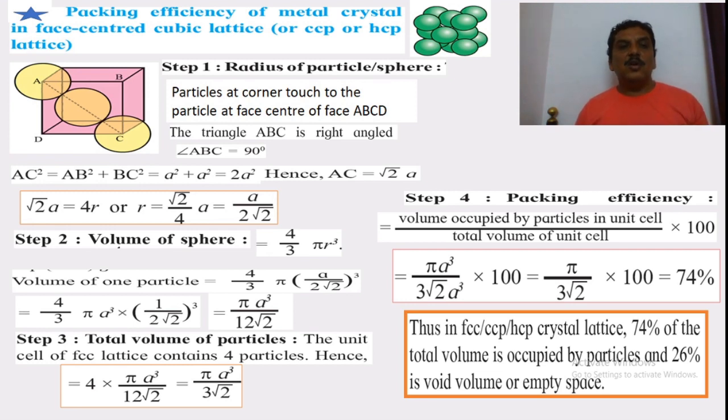Based on this, we have to solve a number of problems, and also derive the relationship between r and a, and explain the packing efficiency of metal crystal in FCC with a diagram.